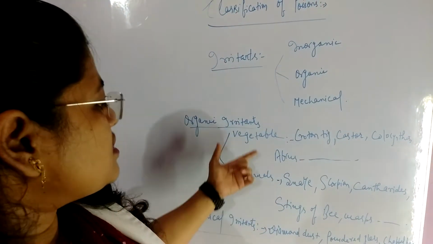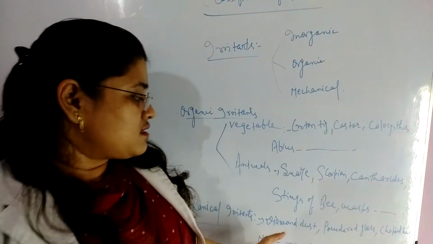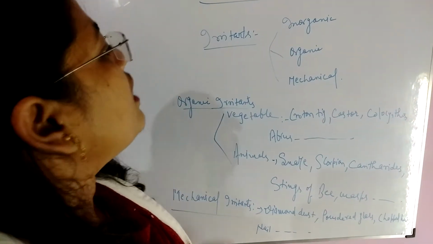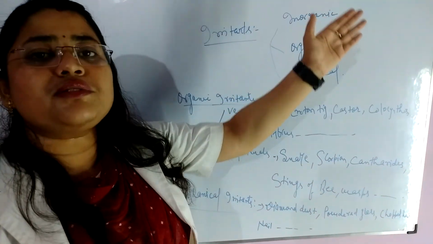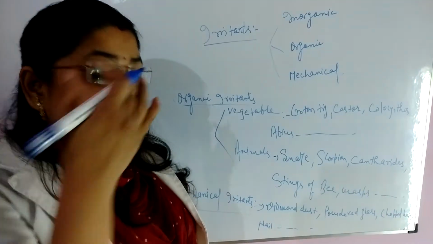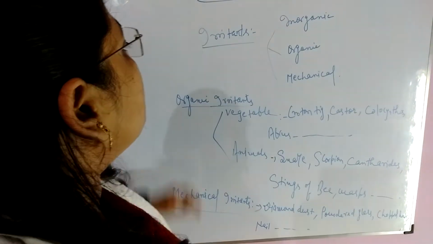Organic irritants are vegetable and animal. Inorganic includes metallic and non-metallic poisoning.